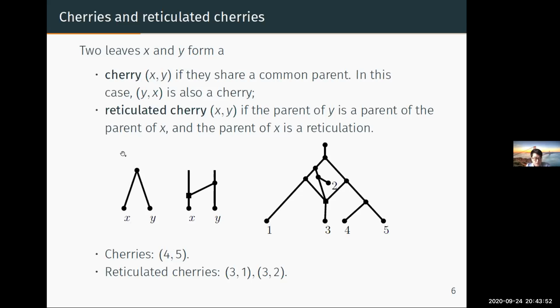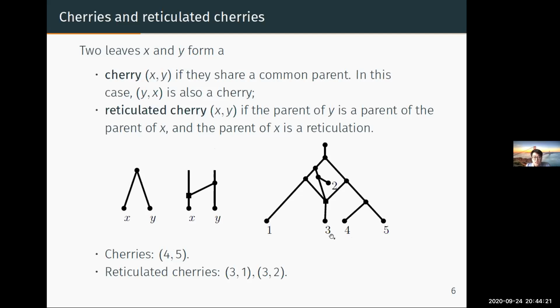And we say that X, Y forms a reticulated cherry if the parent of Y is a parent of the parent of X, and the parent of X is a reticulation. So if you have something like this in the middle figure. And at the very right, we have an example of a network. And here we see that the only cherry that this network contains is the cherry 4, 5, because 4 and 5 share a common parent.